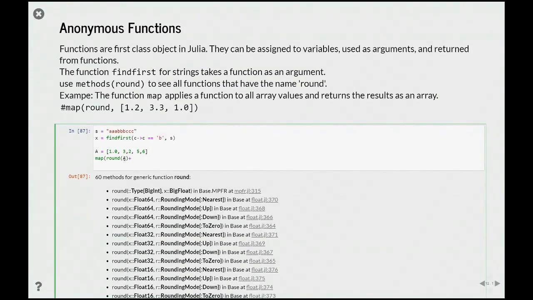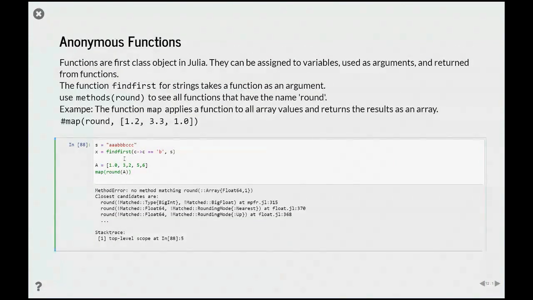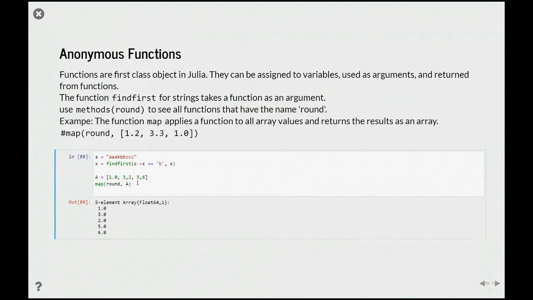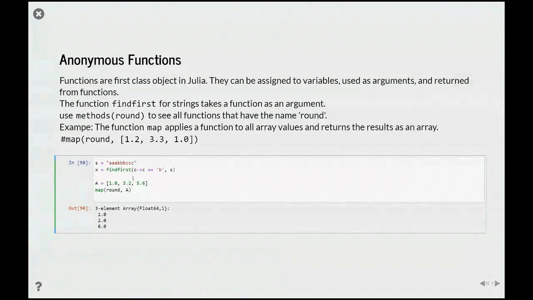Map is another function available. Round, comma a. What that will do is apply the round function to all values in array a. Let's change that to 3.2, let's change that to 5.6, and you'll see it makes more sense. And that's just an example of usage of anonymous functions and where you're going to see them most often applied.